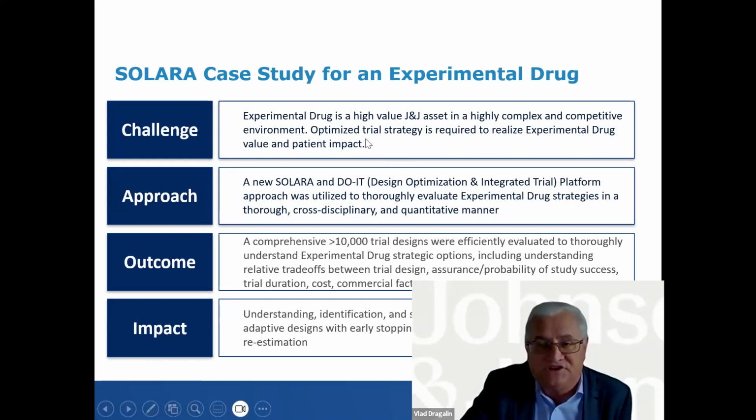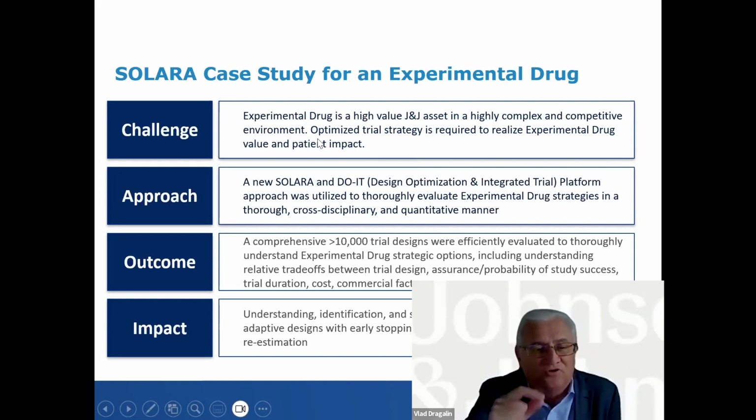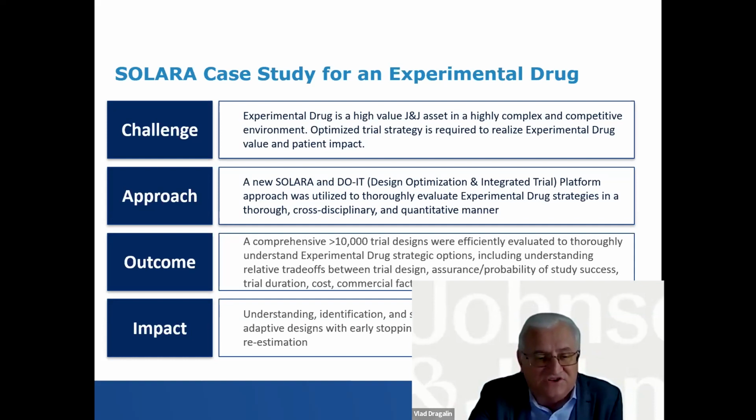So what are the challenges? This experimental drug is a high-value asset for J&J and is in a highly complex and competitive environment. So when we design the study, we need to take into consideration not only having a successful trial, which will be measured by the power of the trial, but also: will we be first on the market in this indication?